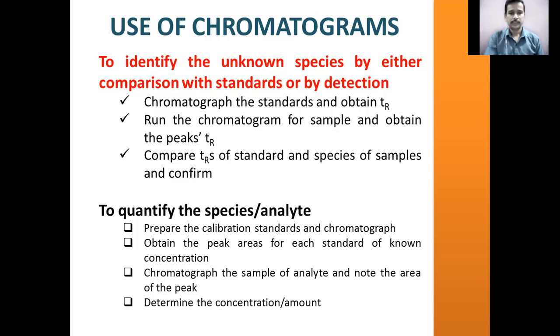If the detector is a spectroscopic detector such as a mass spectrometric detector or a UV spectrometric detector, we can directly derive information about what kind of solute is present in the sample. A mass spectrometric detector gives the information about the M by Z value of the solute. So it is directly concerned with the identity of the analyte, because if we know the M by Z value, we can compare it with the compound's molecular mass and decide whether this molecule is present or not.